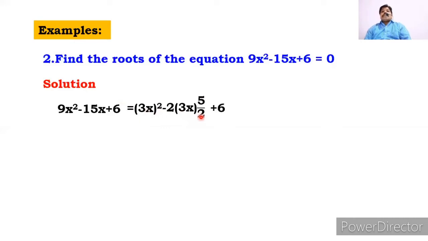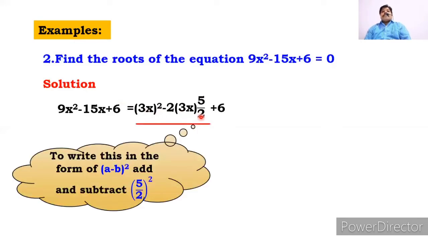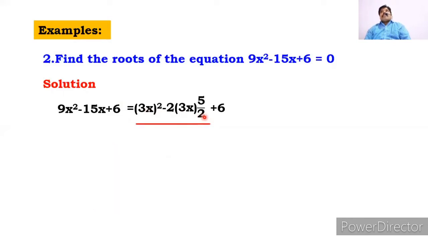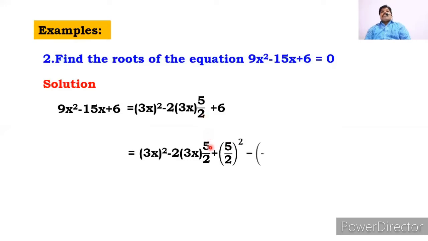Already 6 is there. I will add plus (5 by 2) whole square and I will subtract (5 by 2) whole square. So automatically you can add (5 by 2) whole square and minus (5 by 2) whole square plus 6. So automatically the first three terms are nothing but the (a minus b) whole square formula.